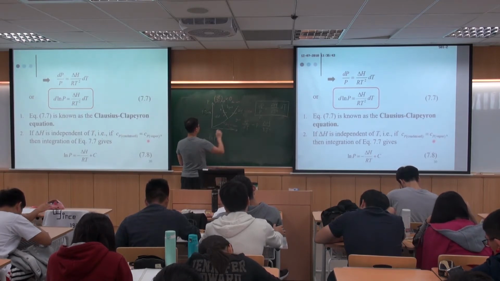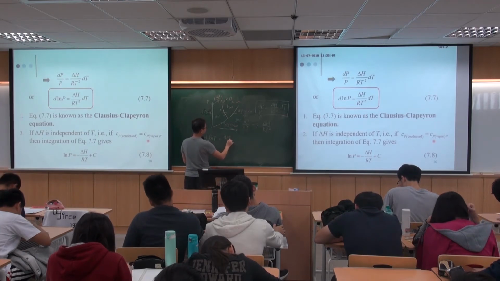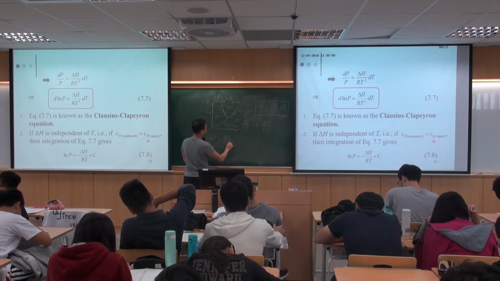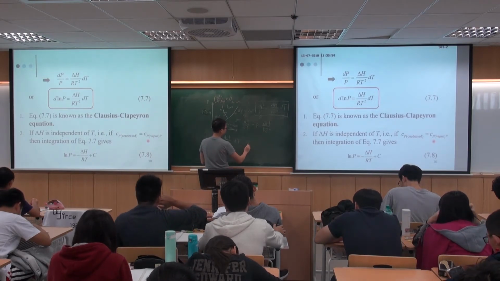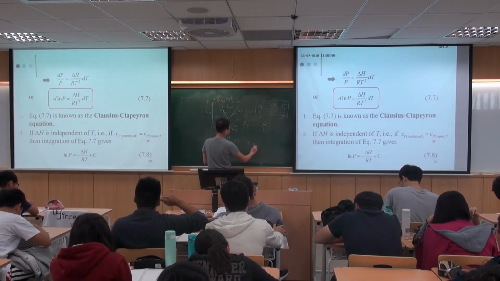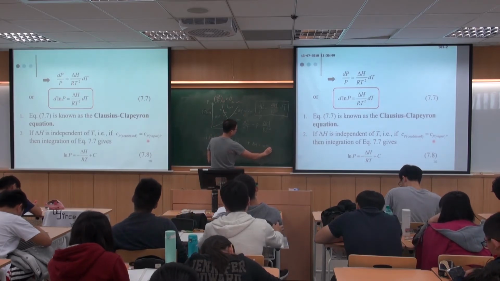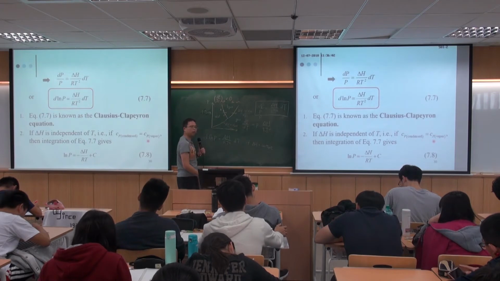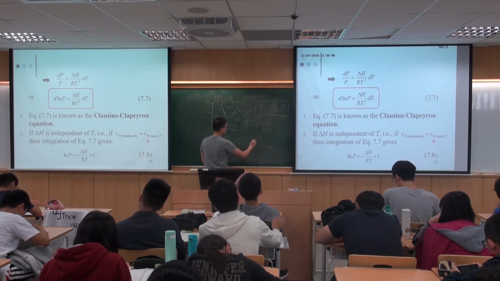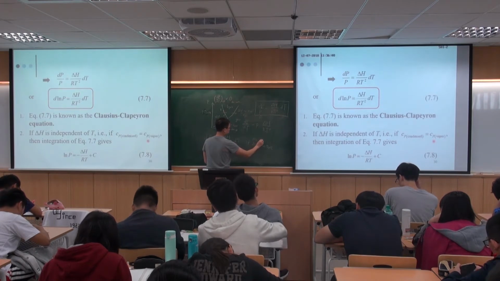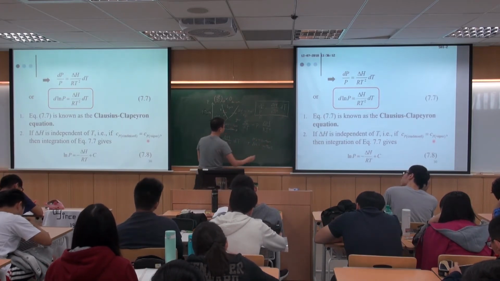For instance, eventually you have log P being, let's start from there. So d log P is delta H over RT squared dT. So if delta H is a constant, which means that we don't have to worry about any temperature dependence, and also if delta Cp is also a constant, we don't have to worry about this.